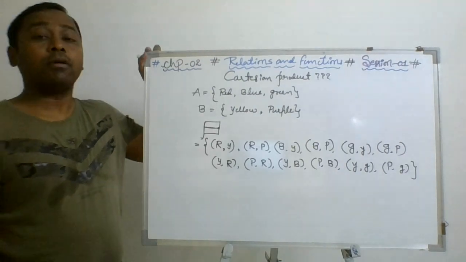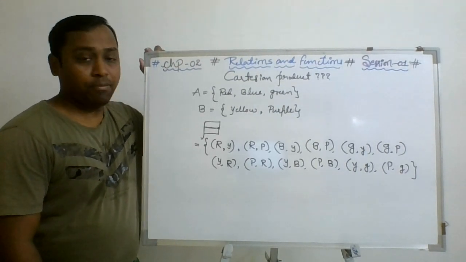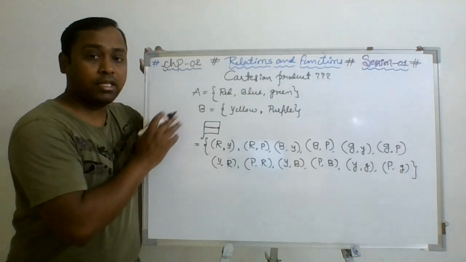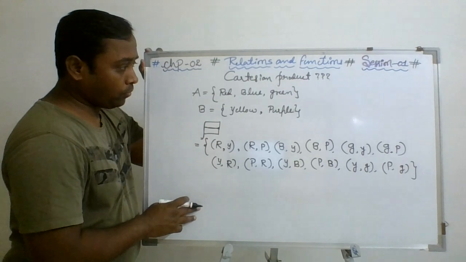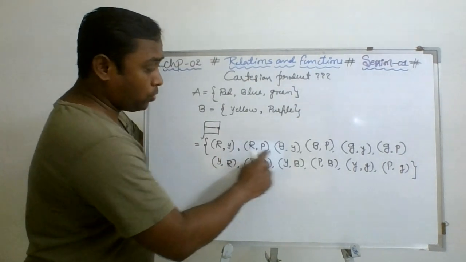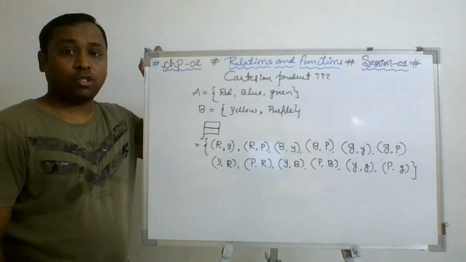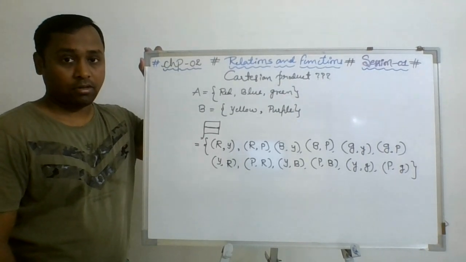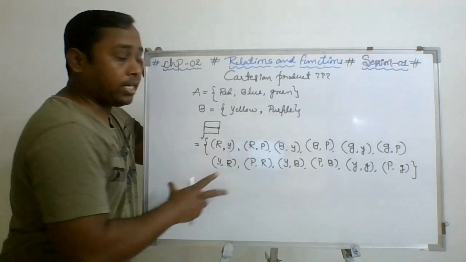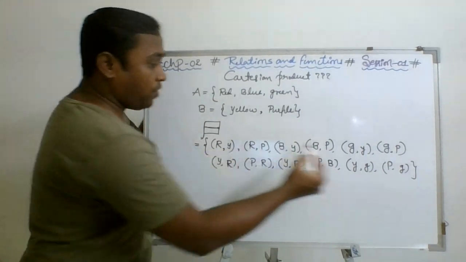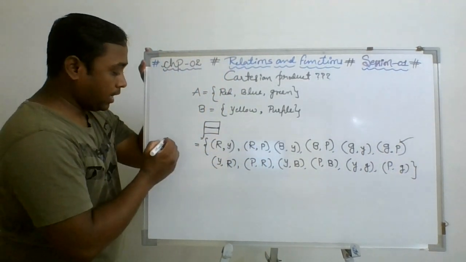So how many different types of flags can we make in this way? There are a total of 1, 2, 3, 4, 5, 6, and 6 more, that is 12 possibilities.